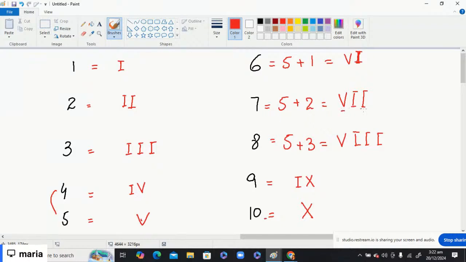Here is the 5, and here are the 2 I's. For the 8, it's 5 plus 3, V and 3 I's. Now for 9 and 10, 10 is X and 9 is IX. This is the thing that we have done in it.